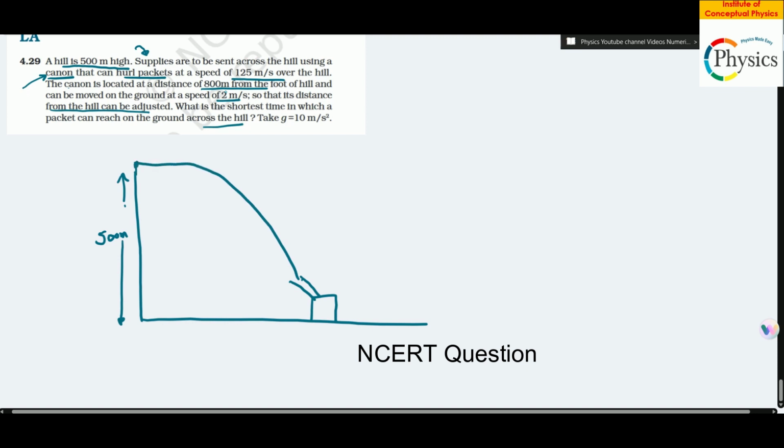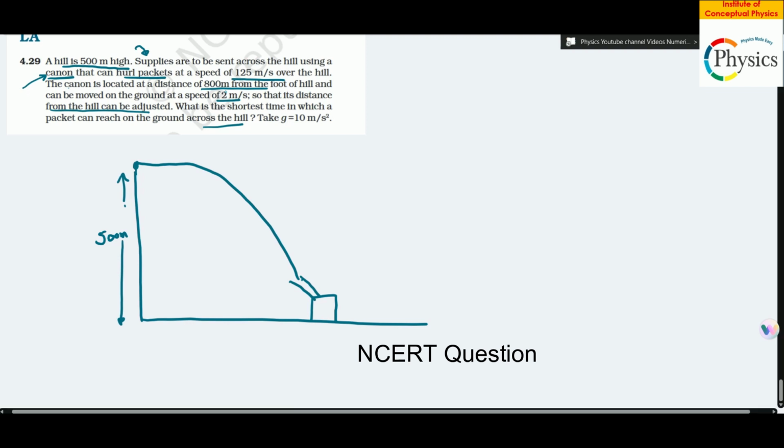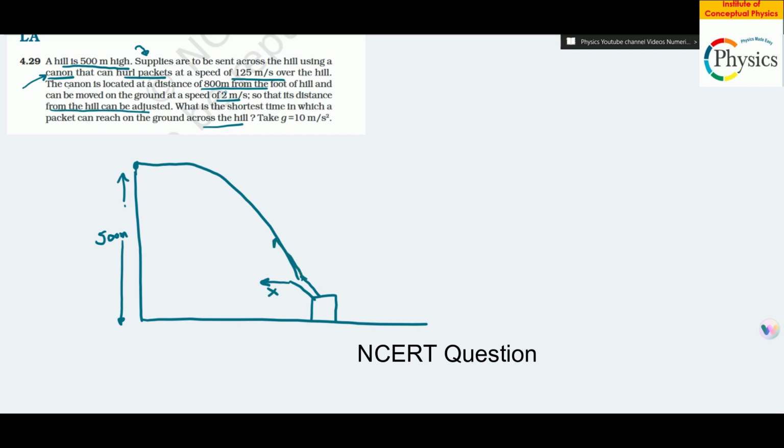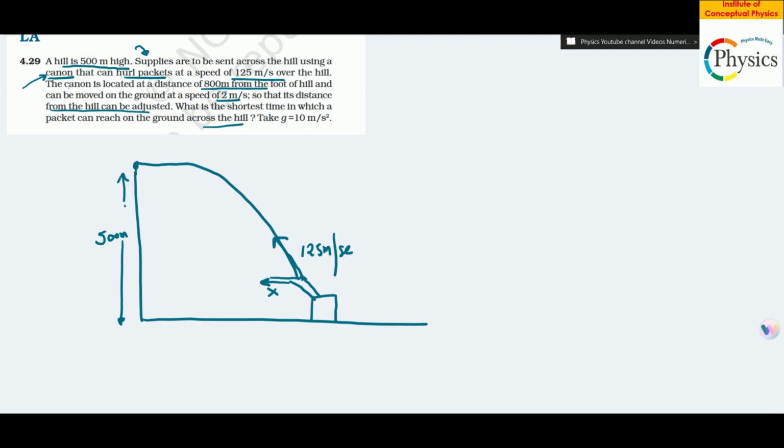The cannon can throw at a speed of 125 meters per second. Obviously the cannon will not fire horizontally. It has to fire at some angle, so I will write this as 125 meter per second, and it is going in a projectile motion, so the question is from projectile motion.